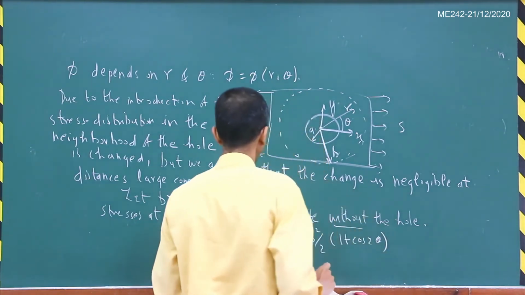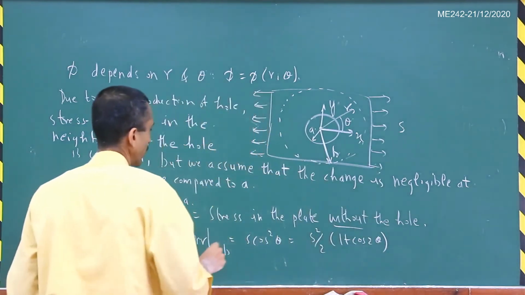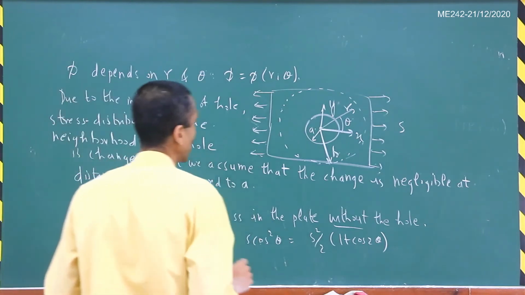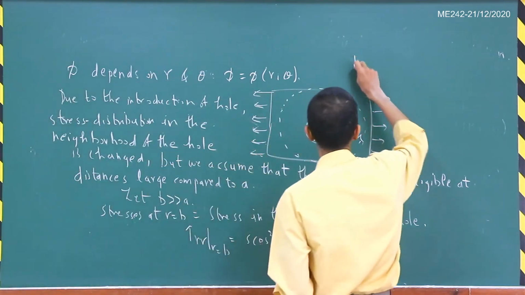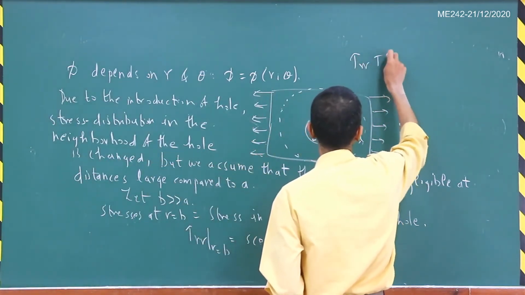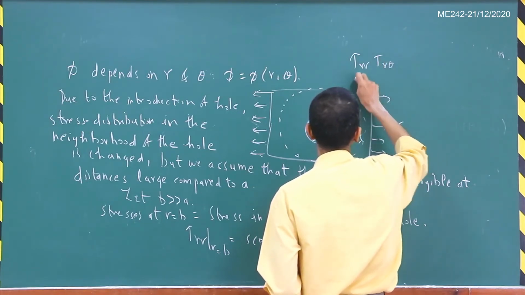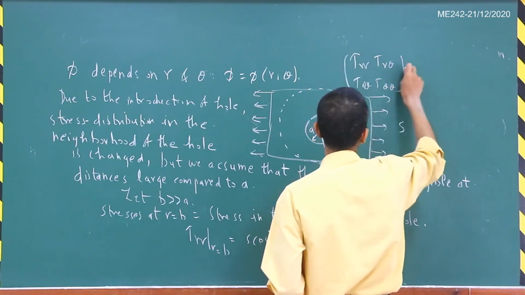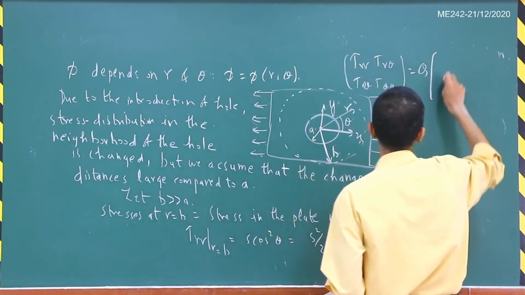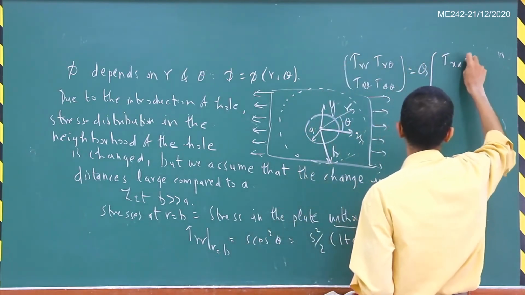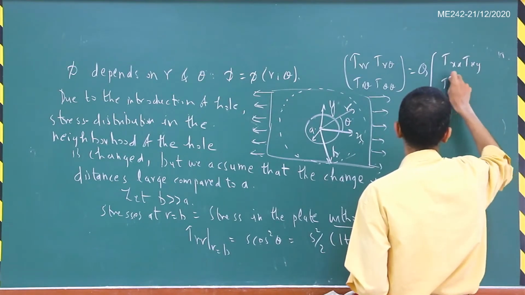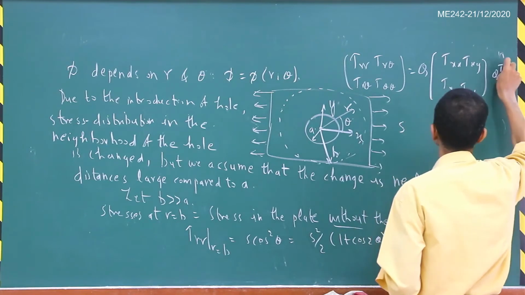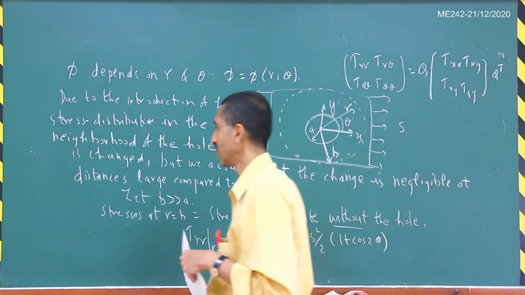This S cos square theta we get by transforming the stresses. This is the standard stuff: the matrix of tau RR, tau R theta, tau R theta, tau theta theta is equal to Q times the matrix of tau XX, tau XY, tau XY, tau YY times Q transpose. This is the usual tensor transformation law.